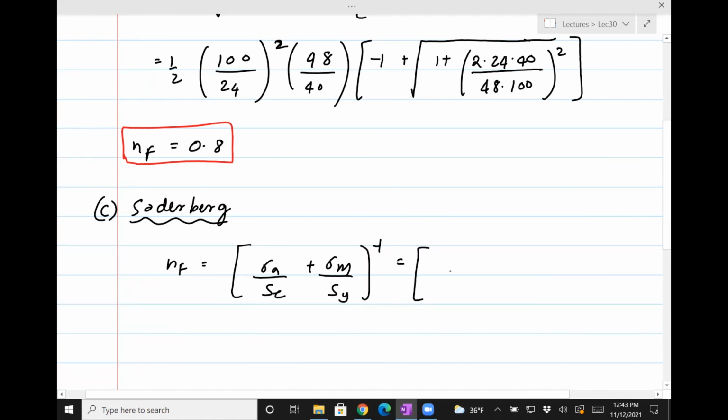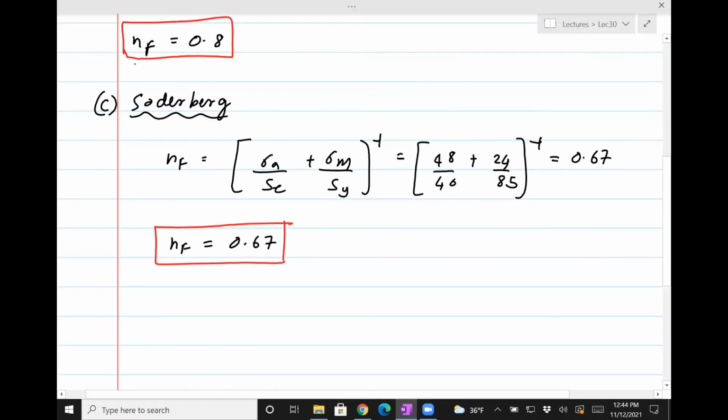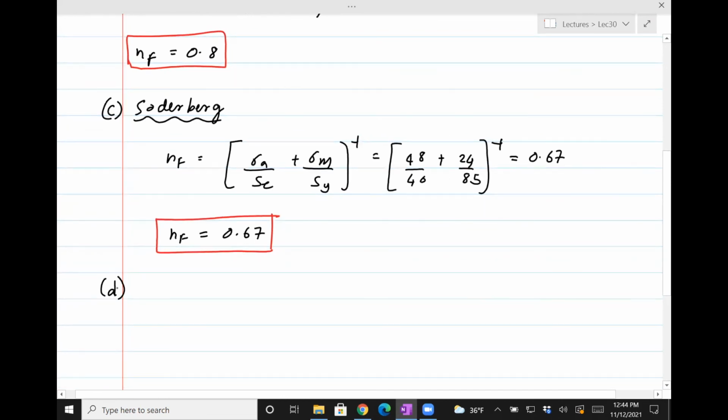This one equals the inverse of 48 over 40 plus 24 over 85, which is 0.67. Okay, the last one, ASME-Elliptic.